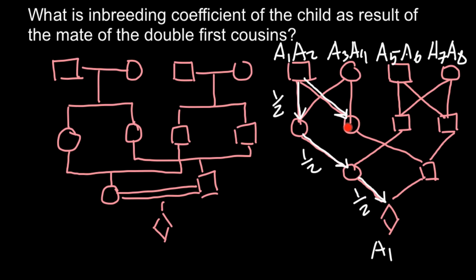This female also may get the A1 allele from her father, and the probability would be 1/2. So why 1/2 and not 1/4? Because both her parents have 4 alleles, as you see. But as you remember, 50% of the alleles are contributed by the father and 50% by the mother. And the father can give either the A1 or the A2 allele. So just two variants, either A1 or A2.